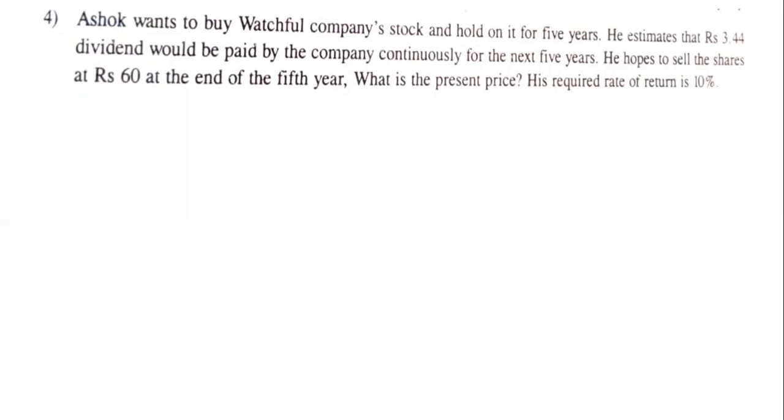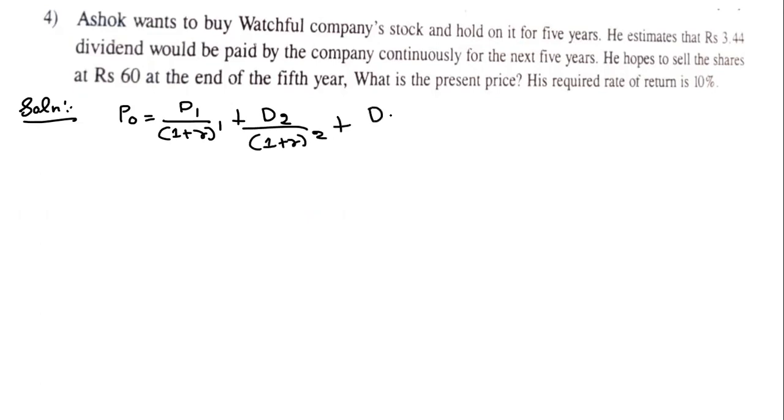Now let's calculate the present value. Solution: the formula we are going to use is P is equal to D1 divided by 1 plus R raised to 1, plus D2 divided by 1 plus R raised to 2, plus D3 divided by 1 plus R raised to 3, plus D4 divided by 1 plus R raised to 4, plus D5 divided by 1 plus R raised to 5.